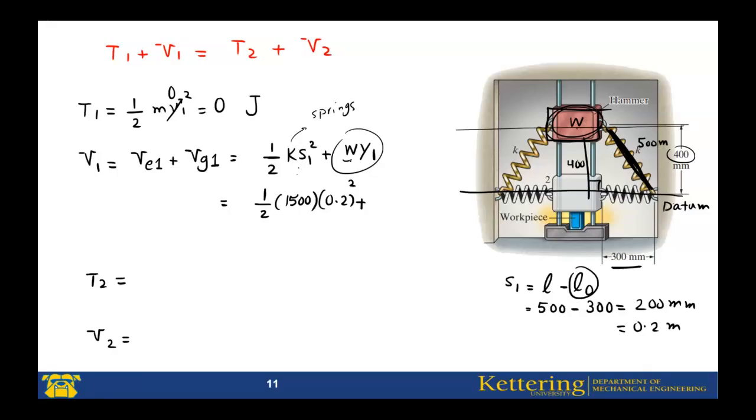Plus the weight of the hammer, it is 40 multiplied by 9.81. The height from the datum line is 0.4 meter. Yes. Isn't the energy of the spring double because there are two springs? Exactly. I want to ask this.